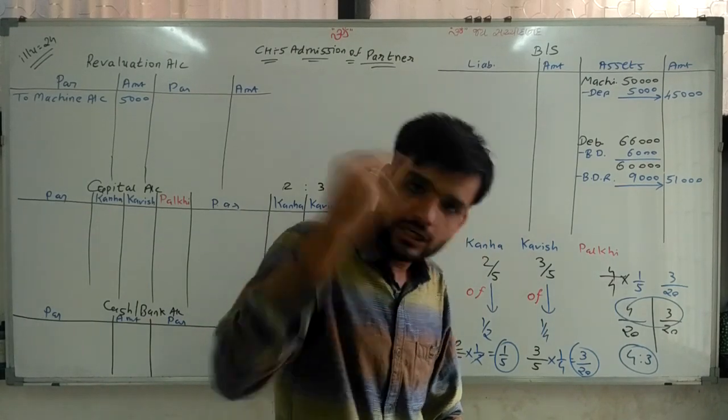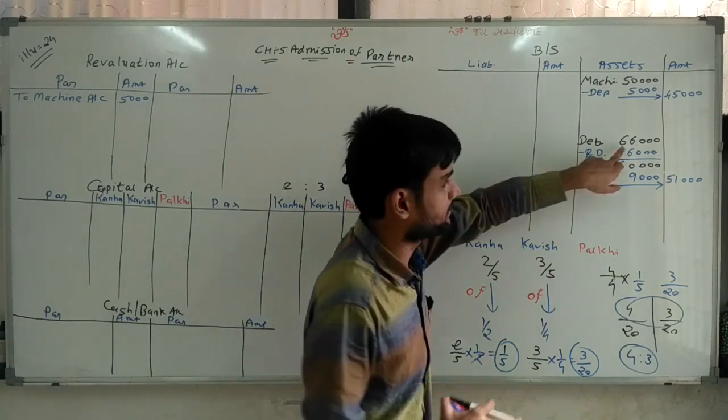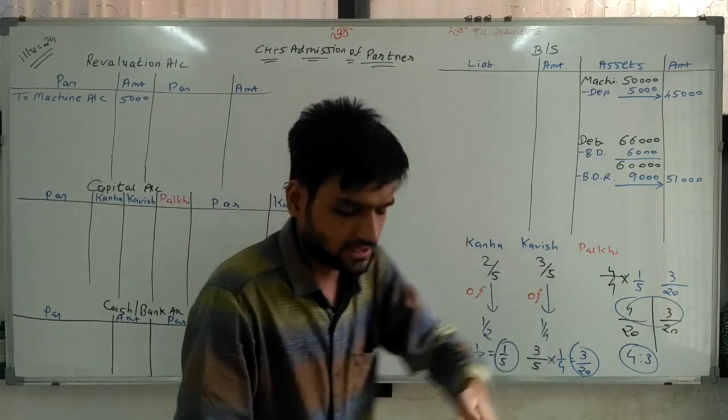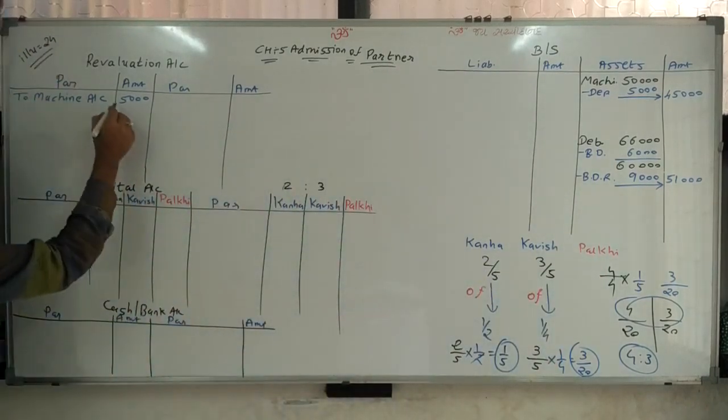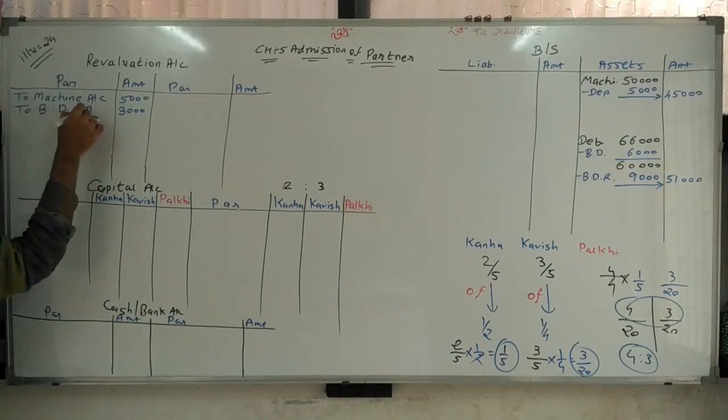It means we already know 3,000 may be bad debt. Now actual bad debt is 6,000. So 3,000 more bad debt is there. That is said. We are writing here 3,000 to bad debt account.